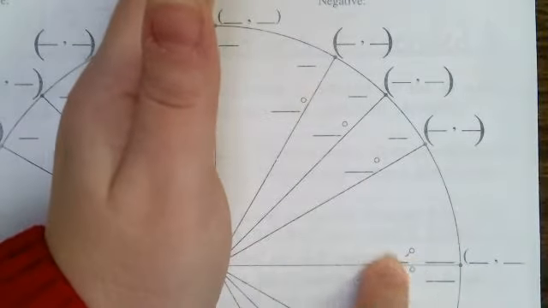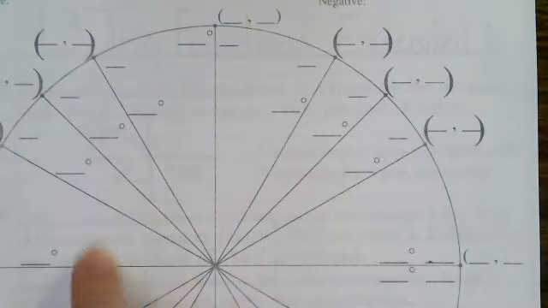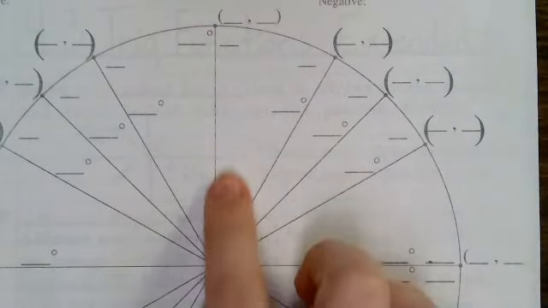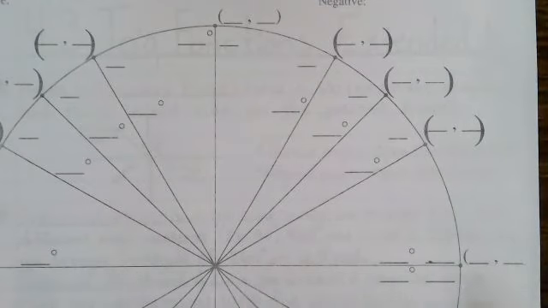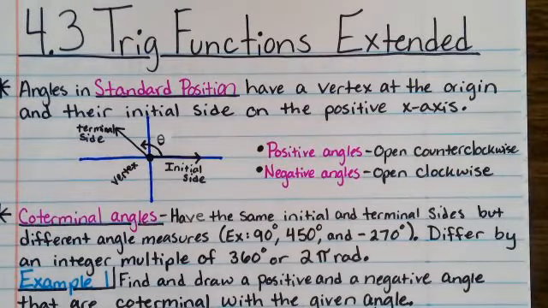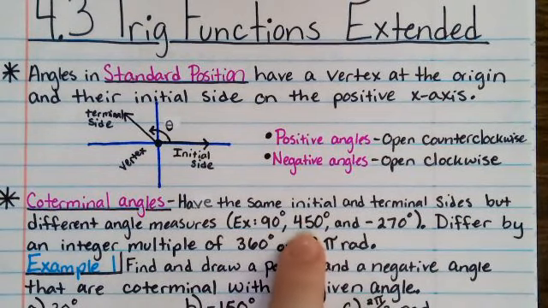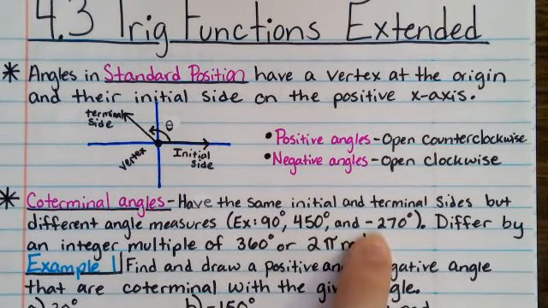You'd still have the same initial side. You'd still have the same terminal side. It's just that in order to get there, there was a whole extra rotation. Okay. You can also get coterminal angles by going 360 degrees in the opposite direction. And then remember that in radians, that would be 2 pi. So what you're seeing here is like 90 degrees and 450, or negative 270. Those are all actually the exact same angle.